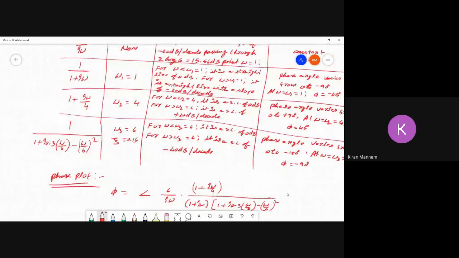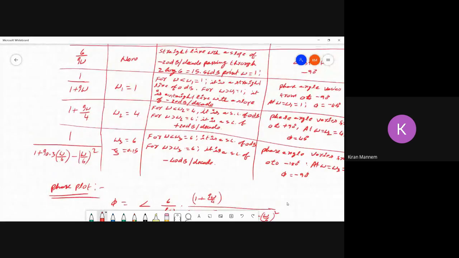The first basic factor is a constant K, which is 20 log K. 20 log 6 is equal to 15.56 dB at omega equal to 1.